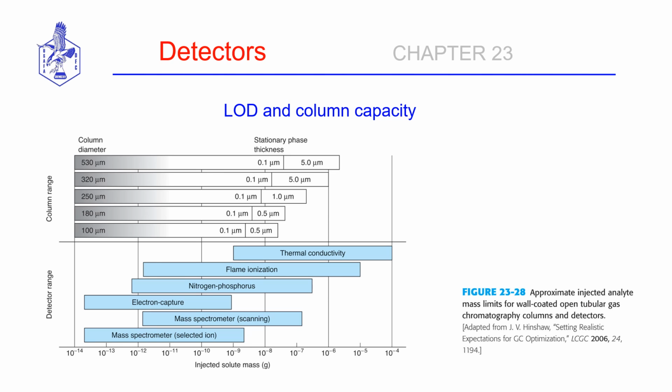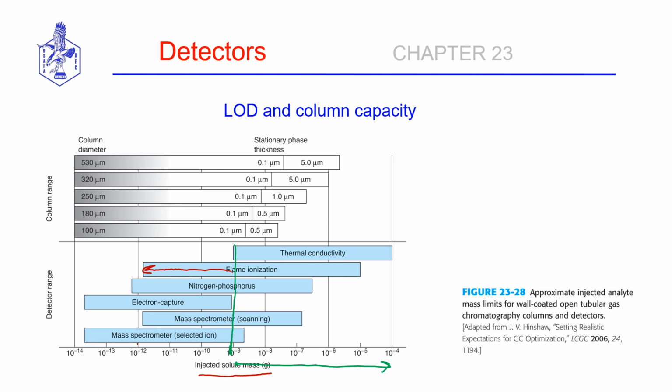So once again, if you are looking at how much sample is required to be detected by the specific detectors, the least sensitive detector is thermal conductivity. You have to have at least this quantity of material coming through in order for that detector to know something is there. Flame ionization is more sensitive.